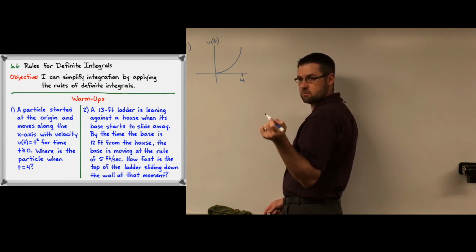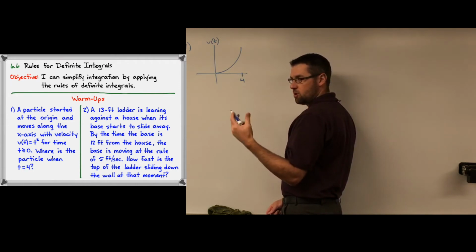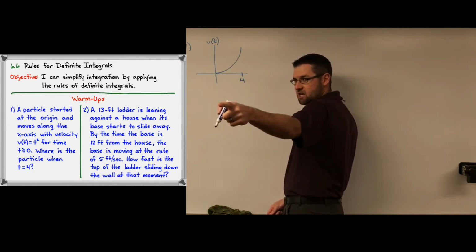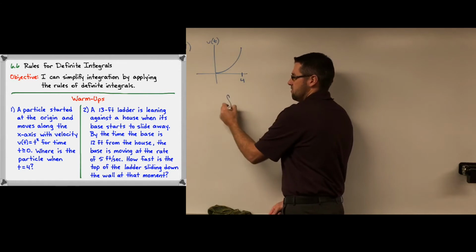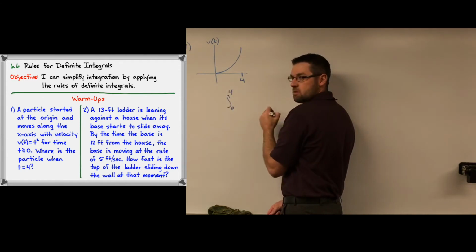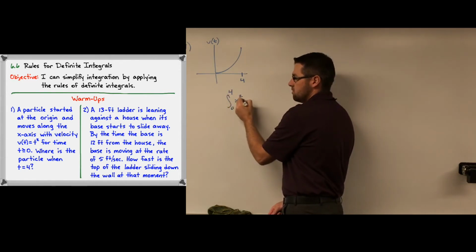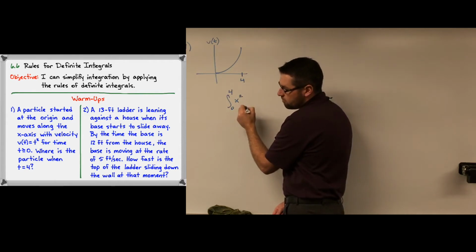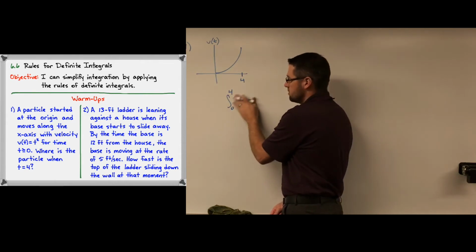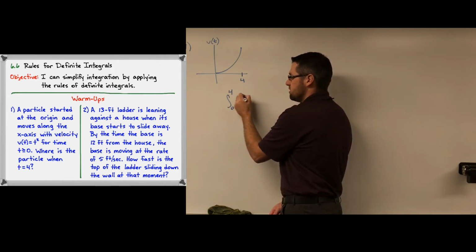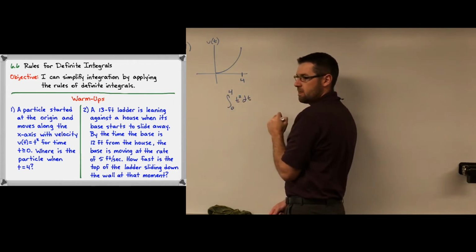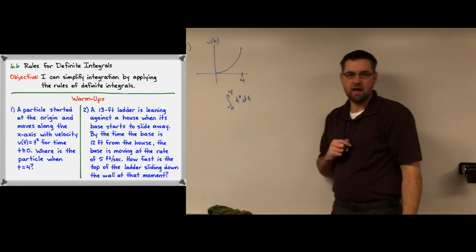What do you have to take? The integral of not x squared, t squared dt, right? Now this is the distance traveled.